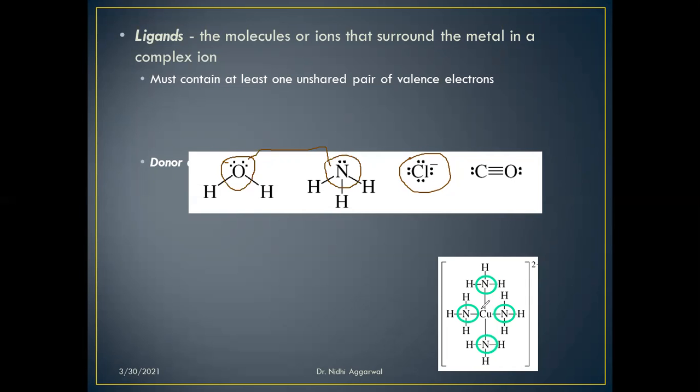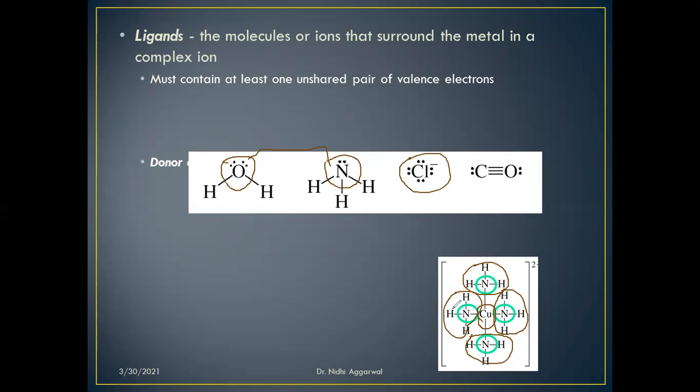Now here you can see the example of a complex ion in which the central metal atom is copper and it contains four ligands: the first ligand over here, the second, then the third, and this is the fourth ligand. These four ligands are surrounding the central metal ion.